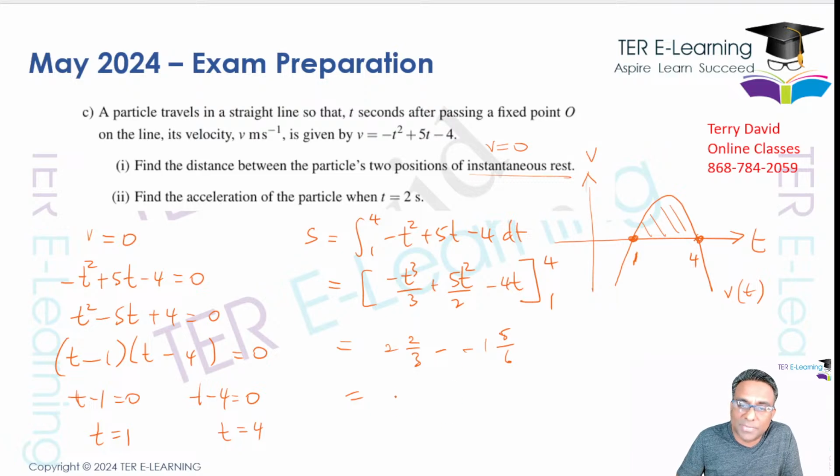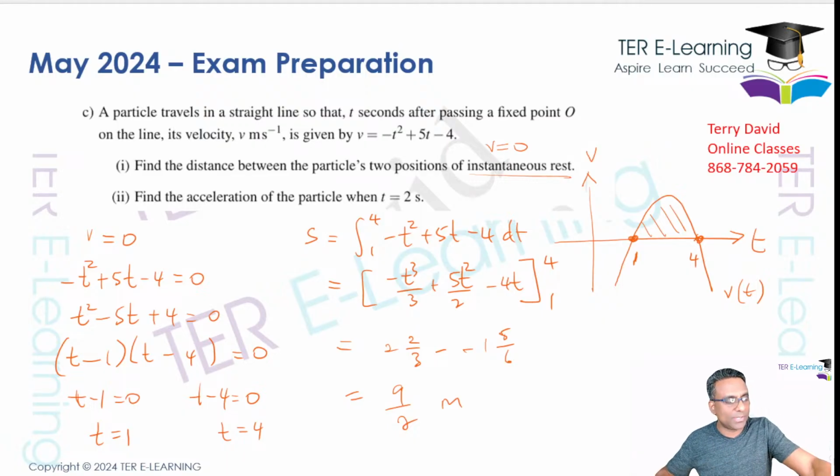These are the numbers I'm getting here. So I'm getting the same thing that some of you are getting, 9 over 2 meters. I know some of you, those of you who have the fancy calculator, the Casio, can use it to work it out in the exam.